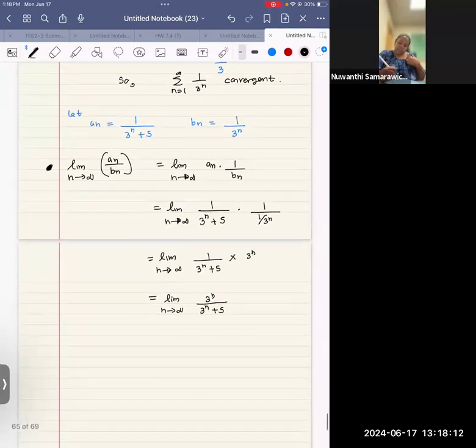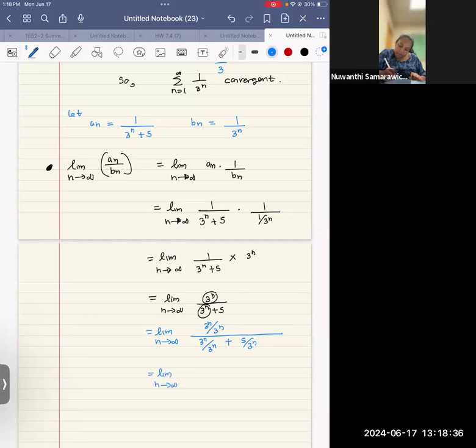Because we have the same 3 to the power n, I'm going to divide all the terms by 3 to the power n. Plus 5, also over 3 to the power n. So you will get 1 over 1 plus 5 over 3 to the power n. And then we just take the limit.